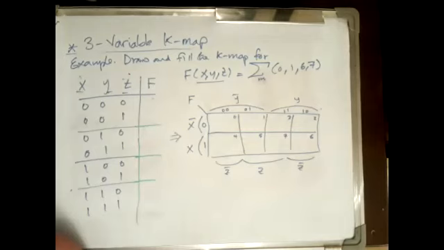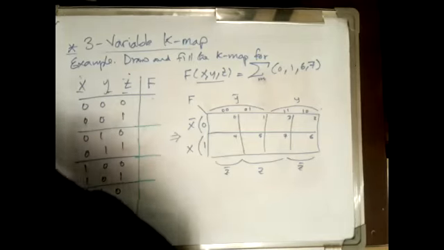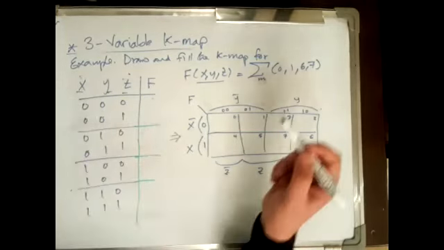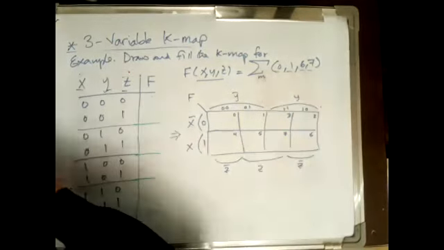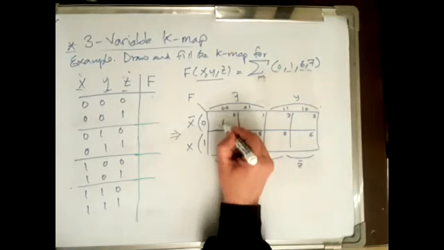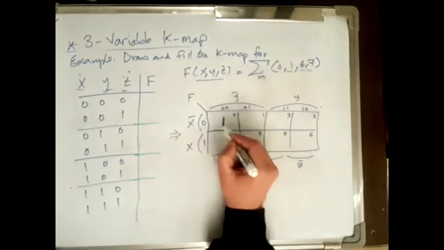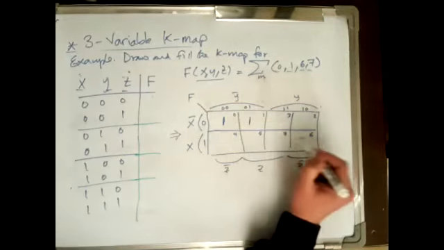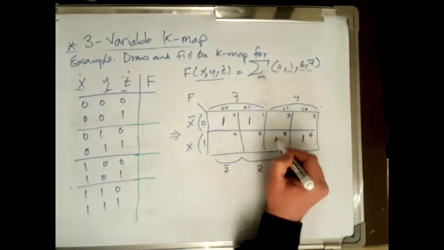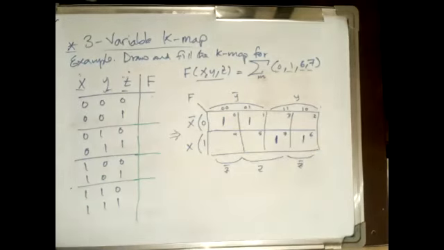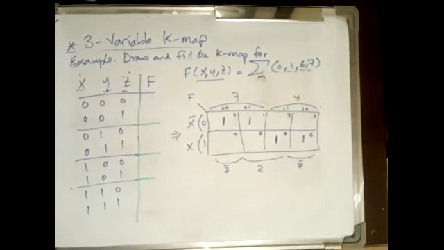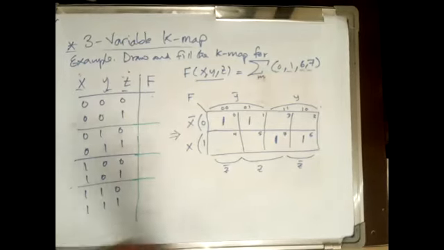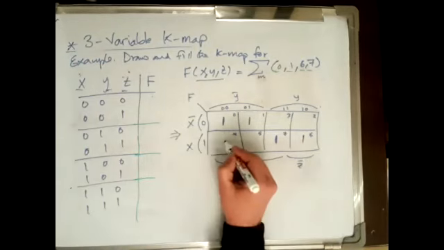So basically, this is the map. So let's fill it. We have min-terms 0, 1, 6, and 7. So there is a 1 in each of these squares. We have 4 ones for this function, which are 0, 1, 6, and 7. So we fill these squares with ones. Then the rest are zeros.